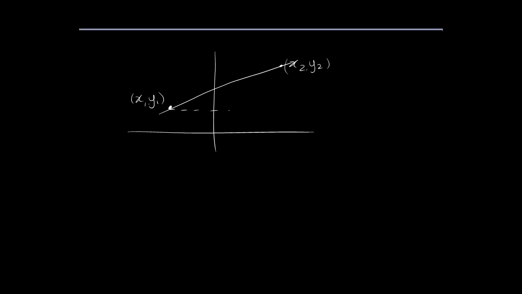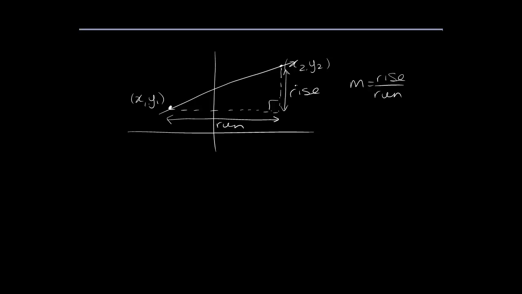I said a little while ago that the formula is a version of rise over run, and I just wanted to show you where that formula comes from. This distance would be the run, and that distance there would be the rise. To work out the gradient, you would divide the rise by the run to get an idea of how steep that line is.